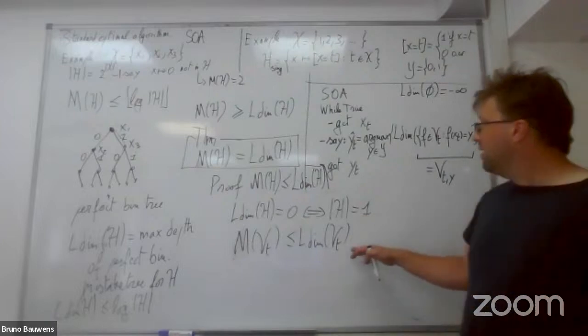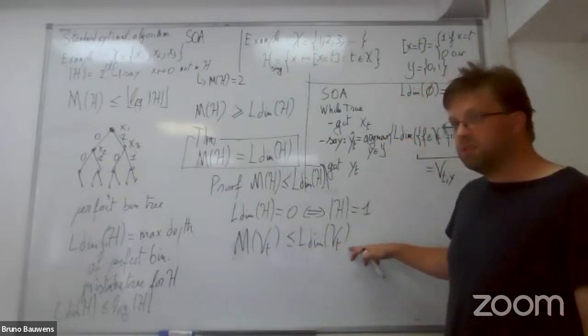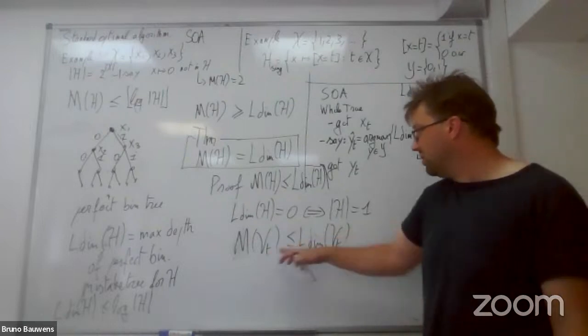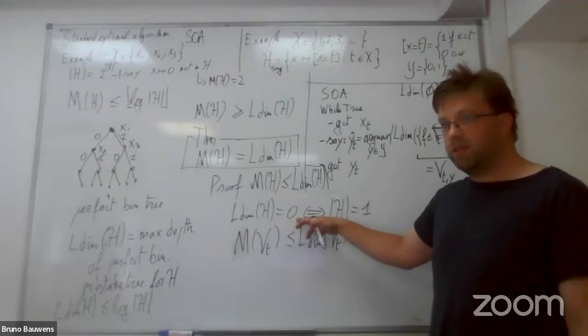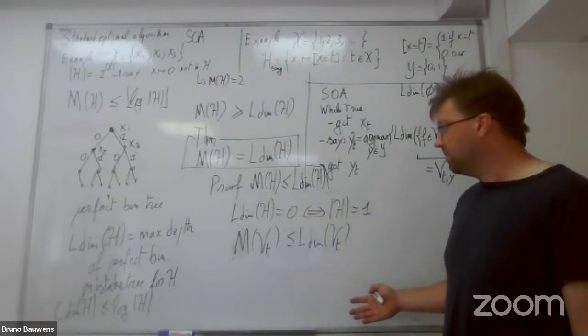So how will it happen? At each mistake, the Littlestone dimension of the version space decreases by 1. But this Littlestone dimension cannot go below 0. So the claim follows.